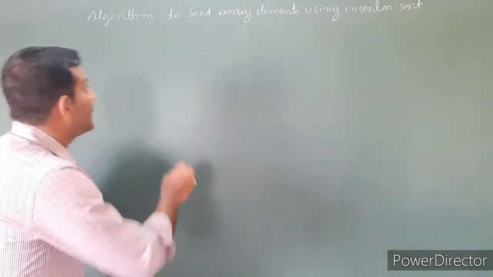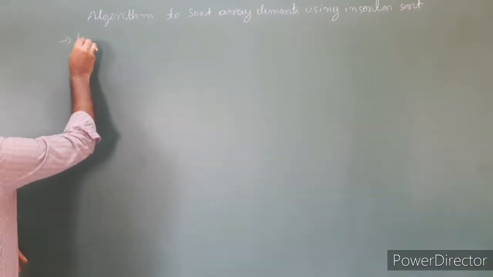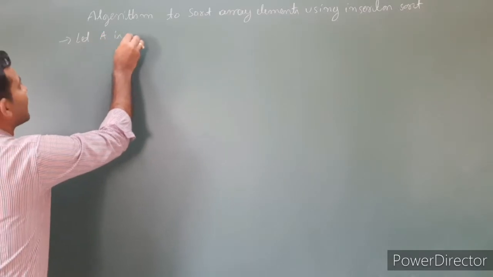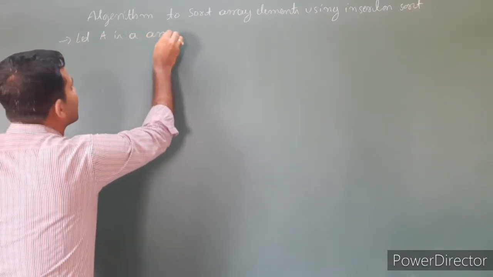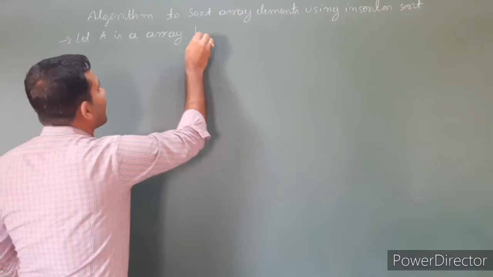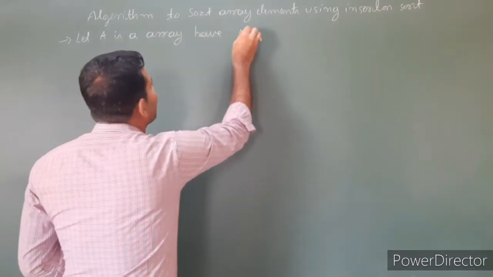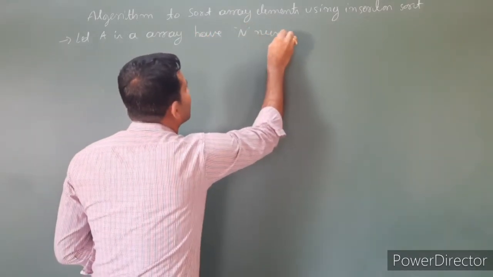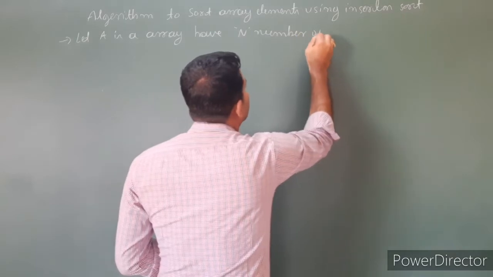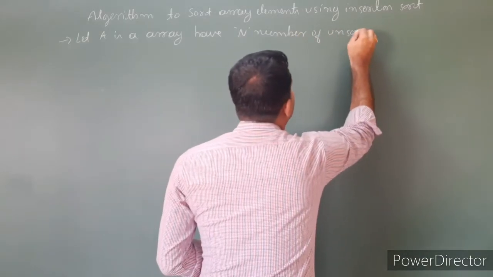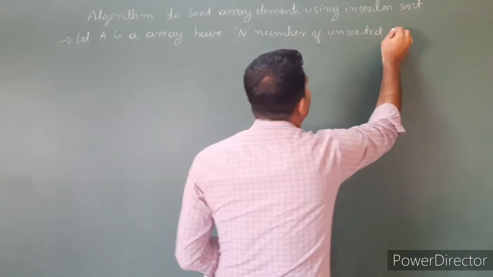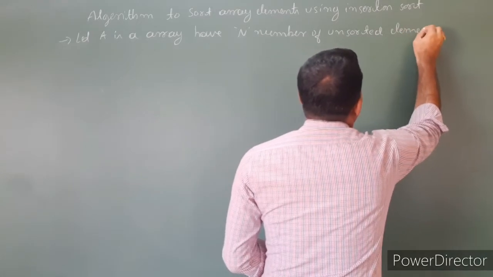See here, let A be an array that has n number of unsorted elements.